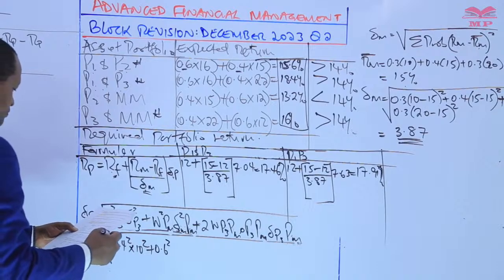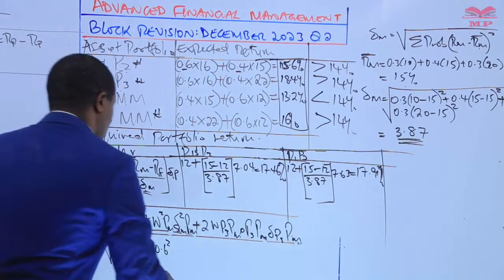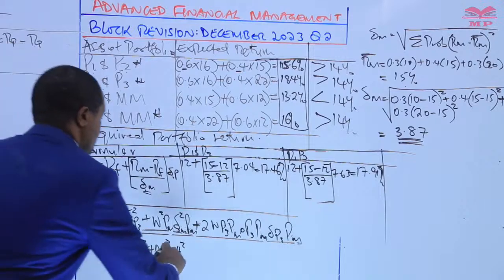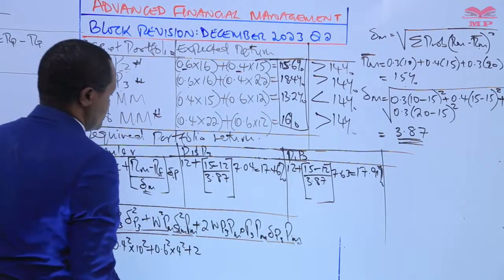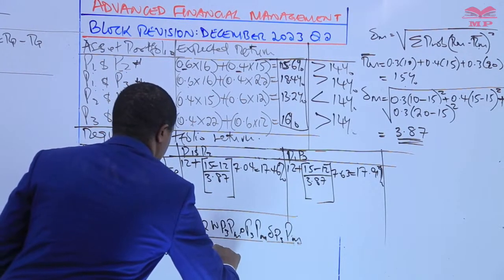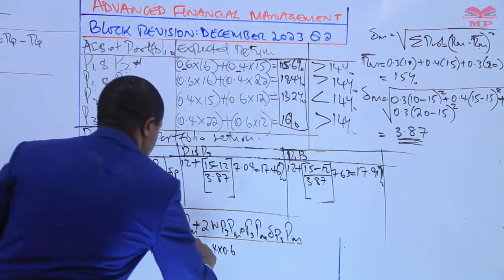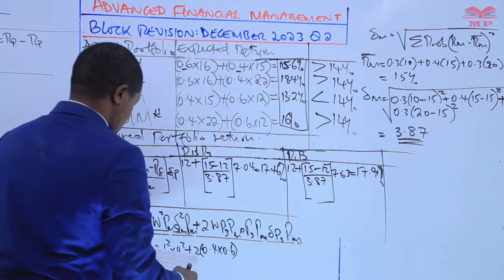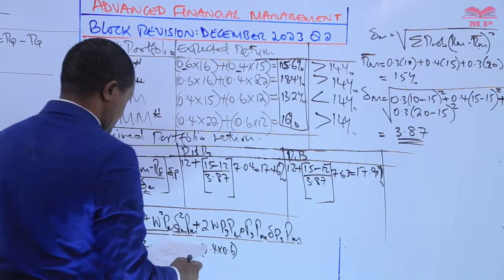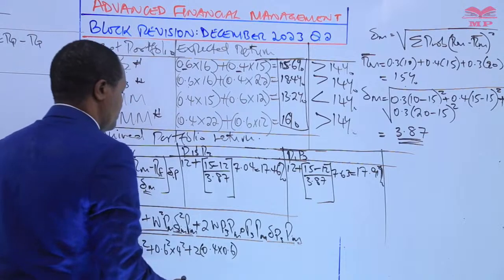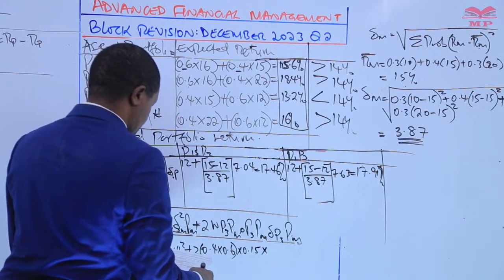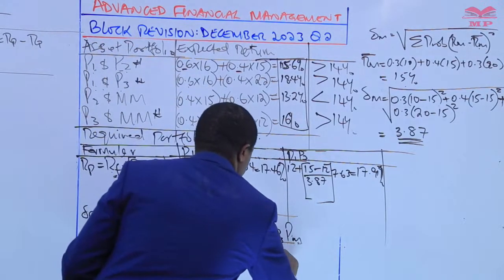The standard deviation of the market is 4, so we have 4 squared, plus 2 times the weight of P3, 0.4, times 0.6, times the correlation coefficient of P3 and the market, which is 0.15, times the standard deviations, 10 times 4.